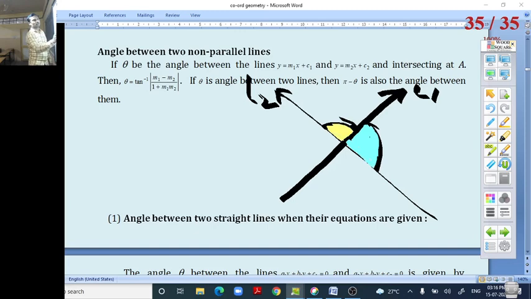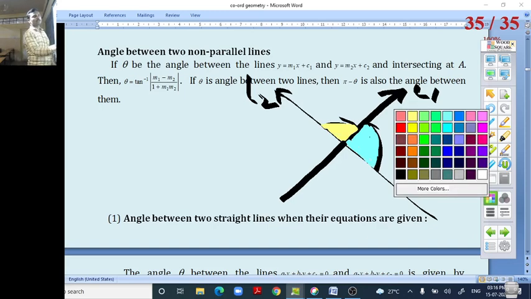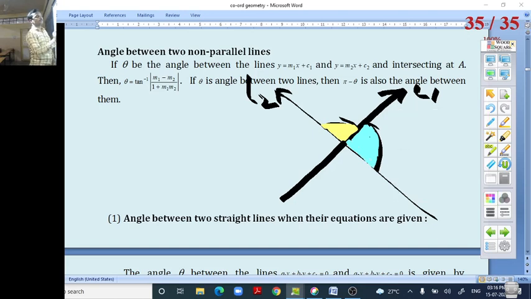The sum of these two angles, the sum of the total angle inclined, is totally 180.